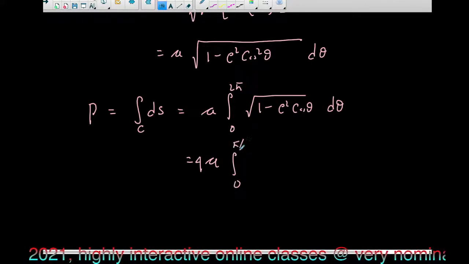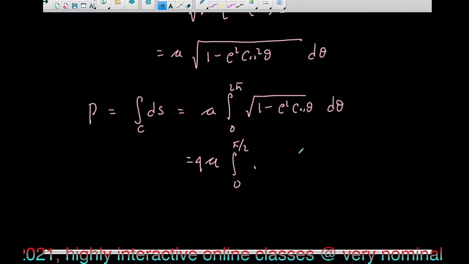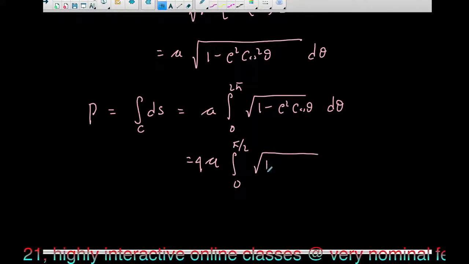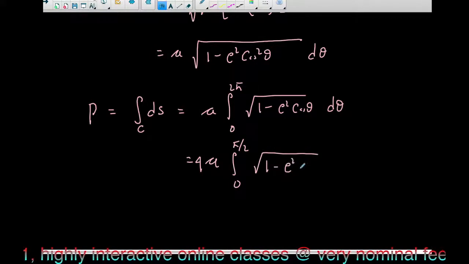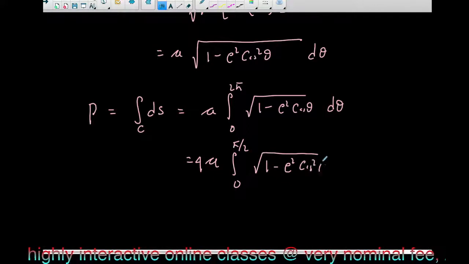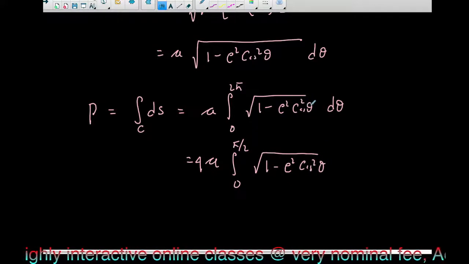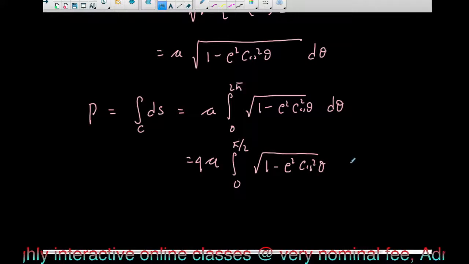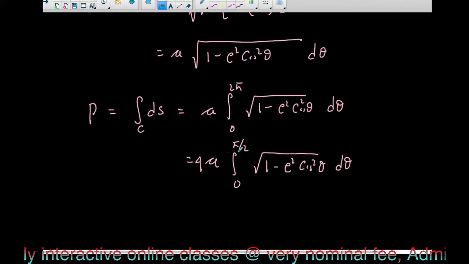That is the simple limit. So we can write the integral of the square root of 1 minus e square cos square theta d theta. Are you getting this one? 4 times, 0 to pi by 2.